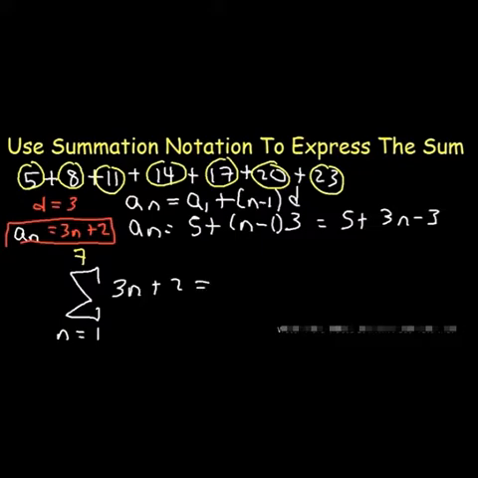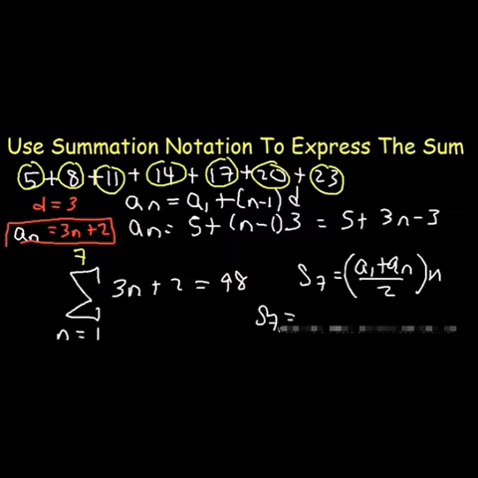And if you want to find the sum, just add up the 7 numbers: 5 plus 8 plus 11 plus 14 plus 17 plus 20 plus 23. That's going to equal 98. You can also find that sum by using this equation: a1 plus an over 2 times the number of terms.